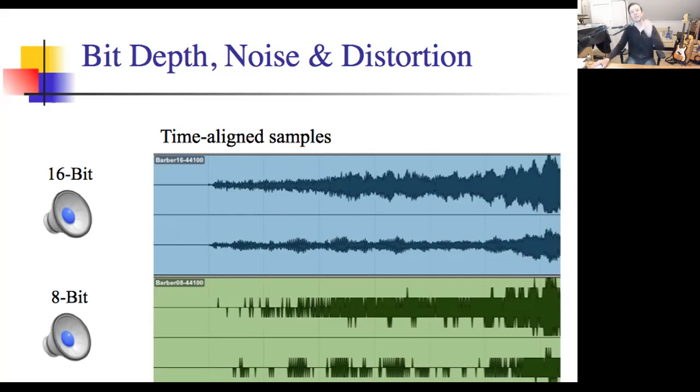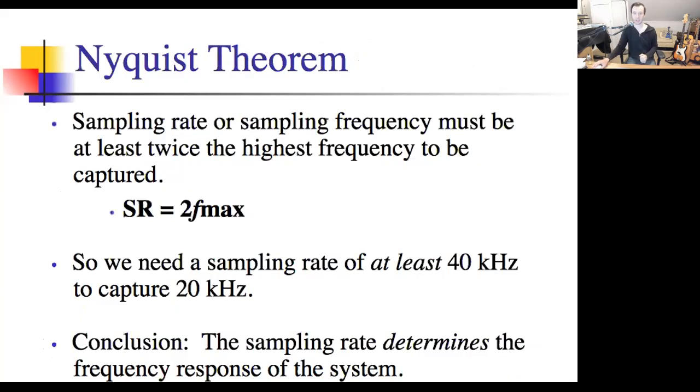Now I'm going to go into a little more detail on what we mean by Nyquist theorem and frequency. And here it is. The Nyquist theorem is that the sampling rate must be twice the highest frequency that you want to hear. So if you want to be able to record the entire range of human hearing up to around 20,000 hertz, you need a sample rate that goes up to 40,000 hertz.